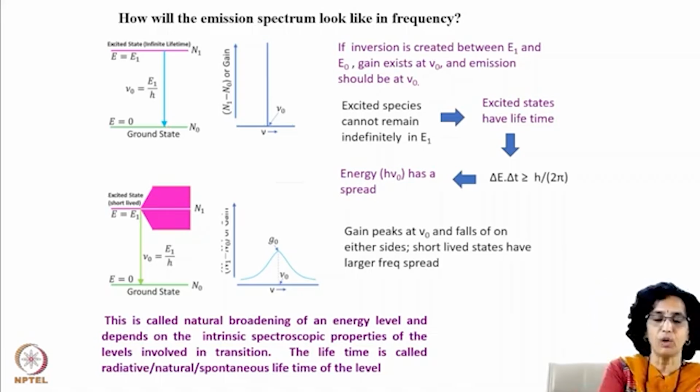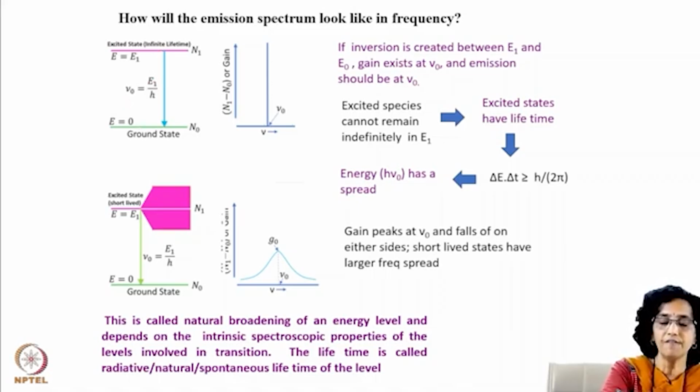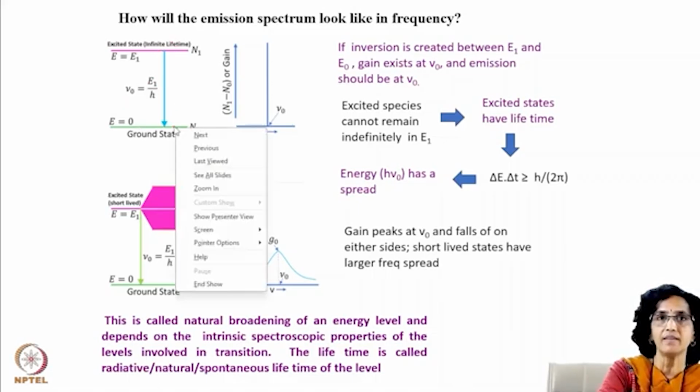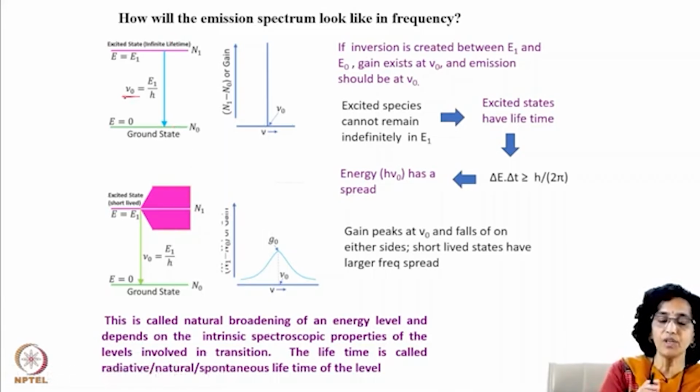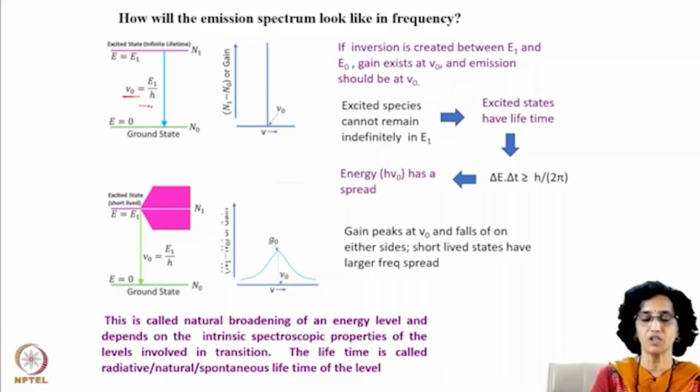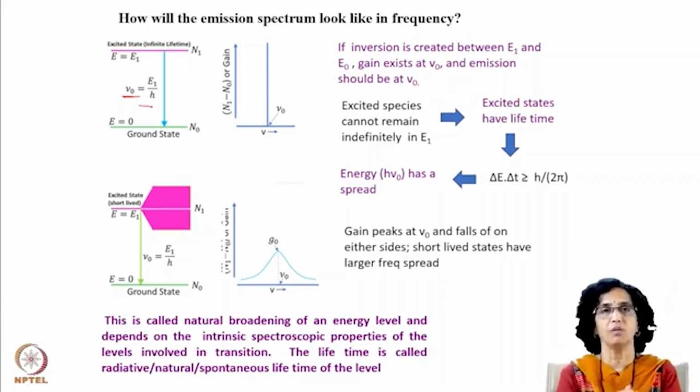Consider now a molecule which has two states, E1 and E0, separated by an energy gap, such that if the molecule comes from the upper level to the lower level, then it gives rise to a photon whose frequency is given by the difference divided by h. Right? So now if I try to see the spectrum, what is meant by spectrum?